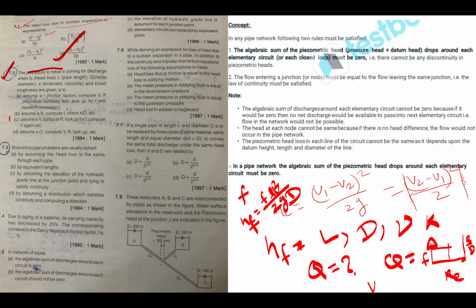Option B: assume R. No, we cannot assume R. What will be the value of R in the pipe flow? It is very difficult to assume velocity, and this is also not convenient. Option D, compute velocity and all, not. So option A is correct for that.